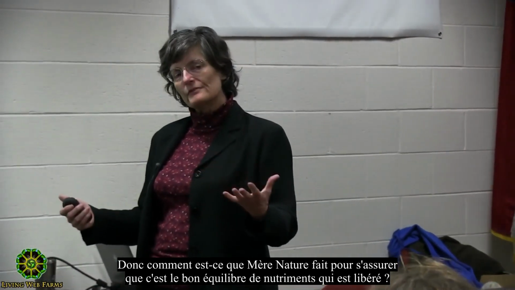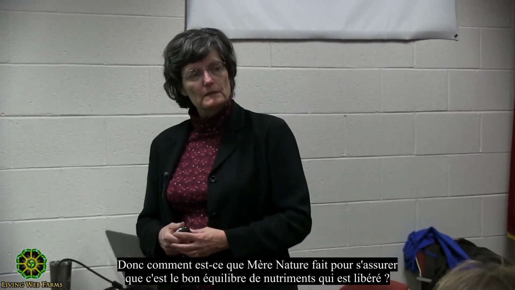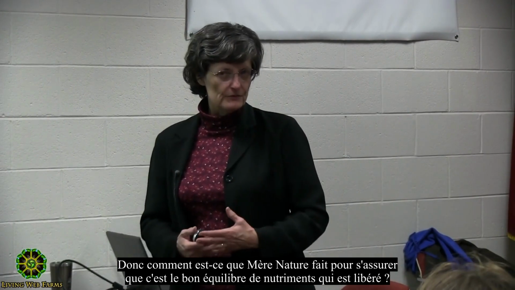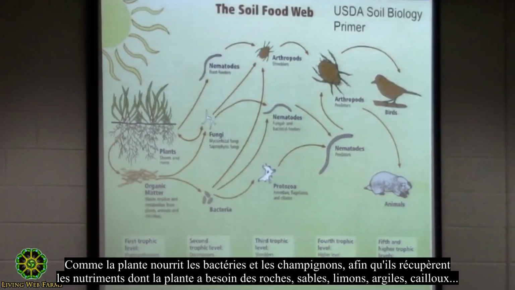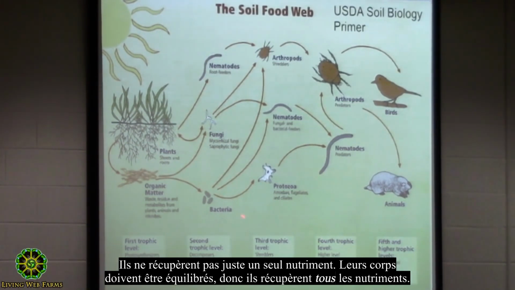So how does Mother Nature make certain that it's a balance of all the nutrients that are being released? As your plant is feeding the bacteria and fungi and getting them to pull the nutrients your plant requires out of the rocks, the sands, the silts, the clays, the pebbles, these bacteria and fungi don't take up just that one nutrient.